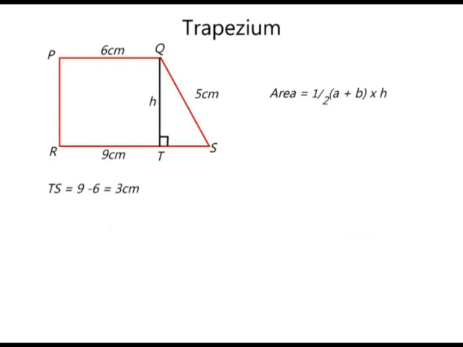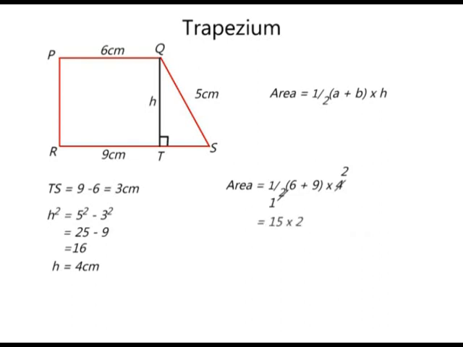Using Pythagoras' theorem, h squared is equal to 5 squared minus 3 squared. h squared is equal to 16 and h is equal to 4 centimeters. And so the area is given by a half into 6 plus 9 times 4, which is 15 times 2. 15 times 2 is 30, and so the area of this trapezium is 30 square centimeters.